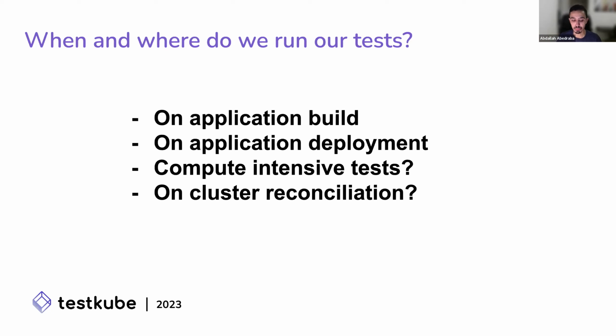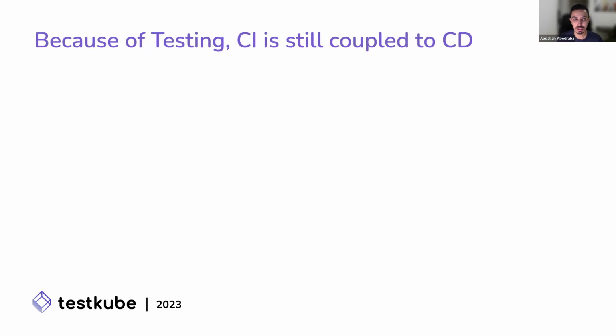So it would be great to detect when that reconciliation happens and run tests upon it. So there are different times and places where you can run these tests, but because of the complexity of all of this, CI still remained coupled to the CD.